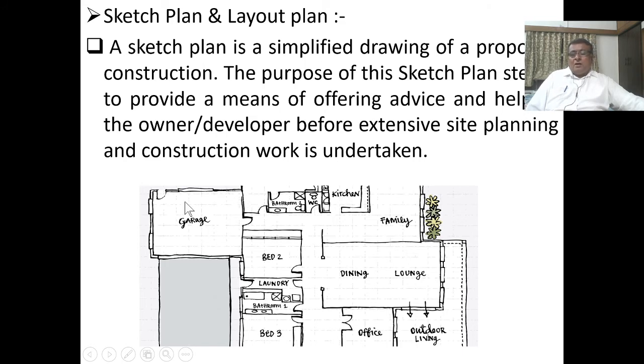So the architect can show the client that he has arranged a garage in this area, bathrooms and kitchen in this area, bedrooms in this area. Then a small office in the bungalow in this area, outdoor living, a waiting lounge and dining in these areas.